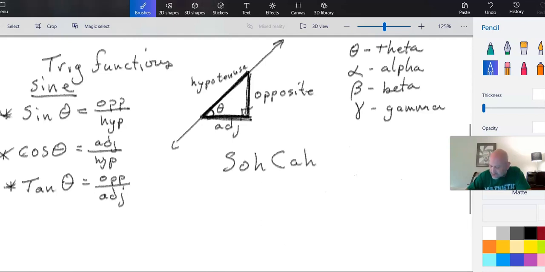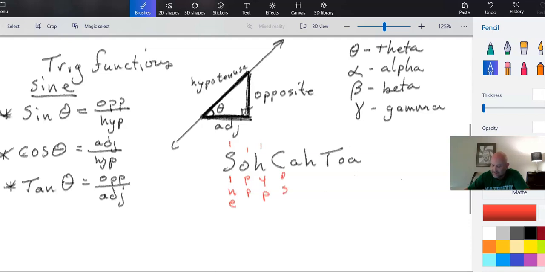Is this idea of SOHCAHTOA, right? And what this means is S is for sine. Sine is the opposite over the hypotenuse. So you can actually use the first letter of each one. This is the opposite over the hypotenuse.